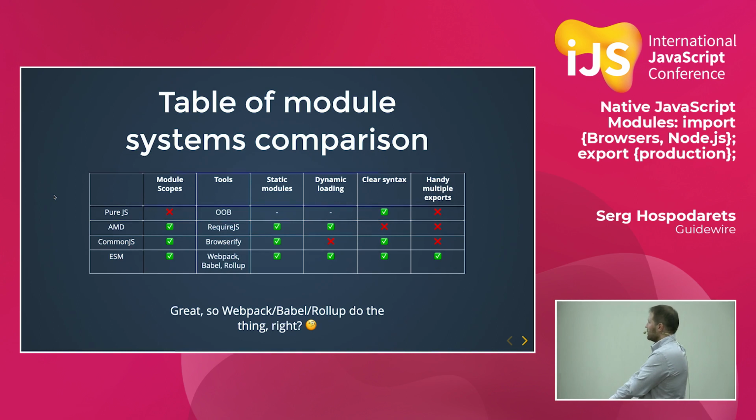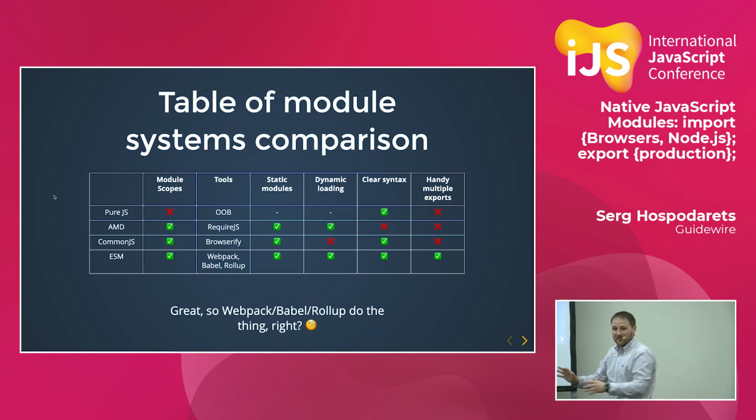The most advanced will be in ESM. Of course, in Node.js there are also a lot. And static modules: in pure.js there are separate files, but there are no modules themselves. Static modules are present in every module system. Dynamic loading is everywhere except pure.js and CommonJS. In CommonJS, you have to provide your own tools. Clear syntax is again everywhere except my favorite, AMD.